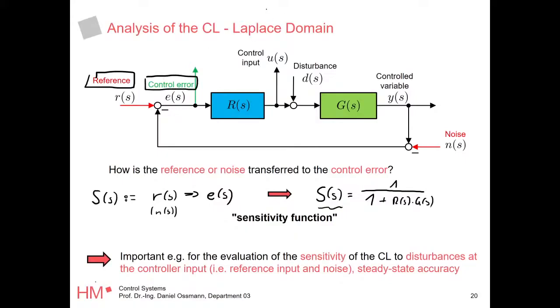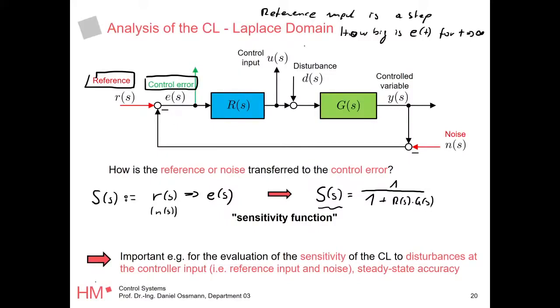And now I say, okay, my reference input is a step, and you want to know how big your control error E is, let's say E of t, for t going to infinity.